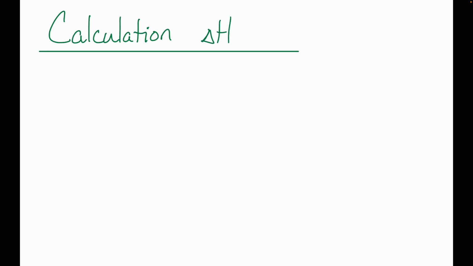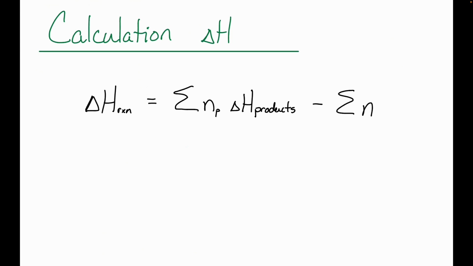We know that they correspond to formation reactions. So when we're trying to calculate our delta H of a reaction, we're going to go to the constants page and look up those values. And what we're going to do is take the sum of all of the delta H's of our products, and subtract the sum of the delta H's of all of our reactants.